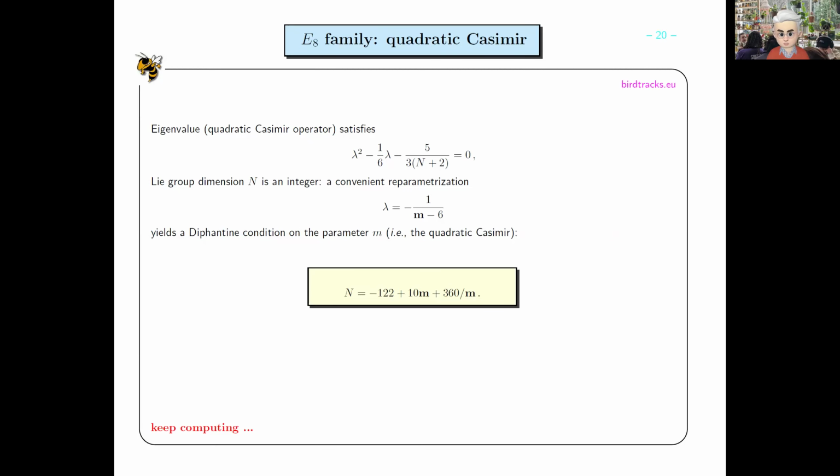And you look at this and you realize, I can rewrite this equation in a nicer way because I know that N should be an integer. And I can rewrite this equation as a condition on N in terms of the eigenvalue parameter written here. So it says, what values of m can I have such that this combination is an integer, because the dimension should be an integer.